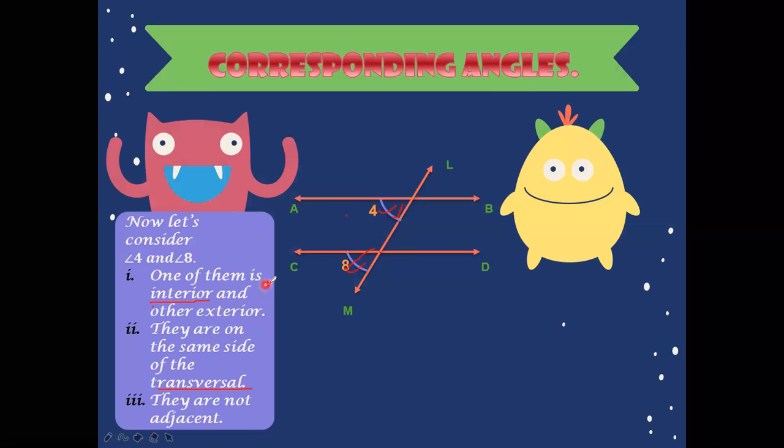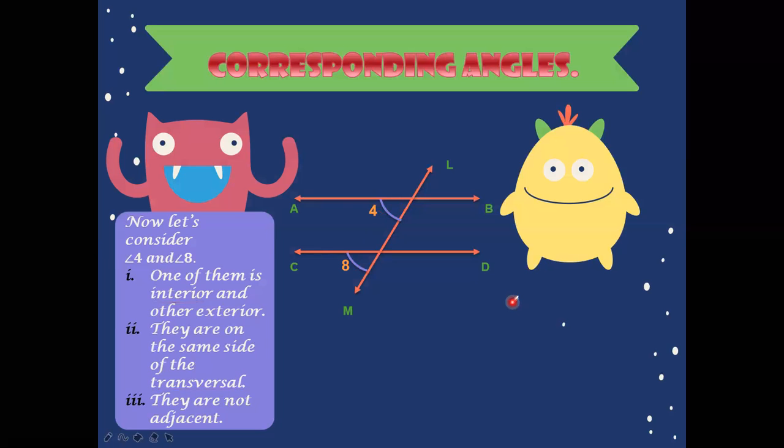Now in this way, how many pairs of corresponding angles can be formed here? The question is how many corresponding angles can be formed in this Playfair axiom? And the answer is there are basically 4 pairs of corresponding angles. Which ones?